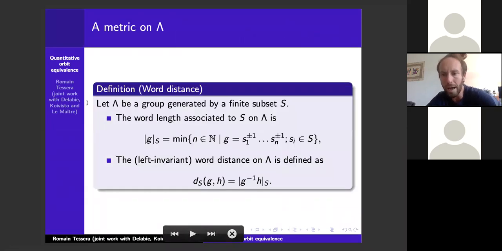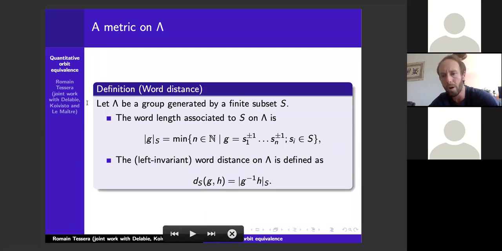So in order to do that, in order to measure all these things, you need to bring back some geometry. And this is the great comeback of geometric group theory, if you want, in the picture. So Ornstein-Weiss tells you that there is no geometric group theory, but we can bring it back to the picture. And in order to do this, we need to define very quickly something that I'm sure everybody knows, but I'm going to do it anyway, shortly, which is the word distance.